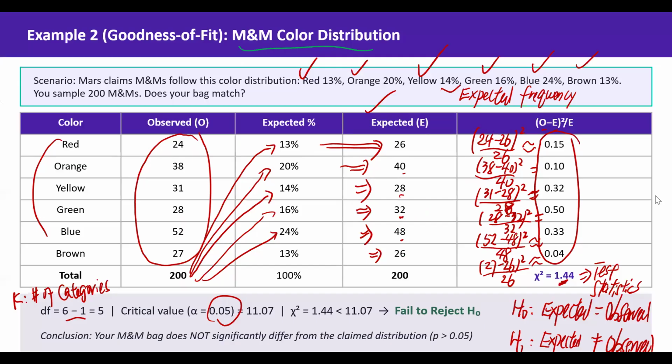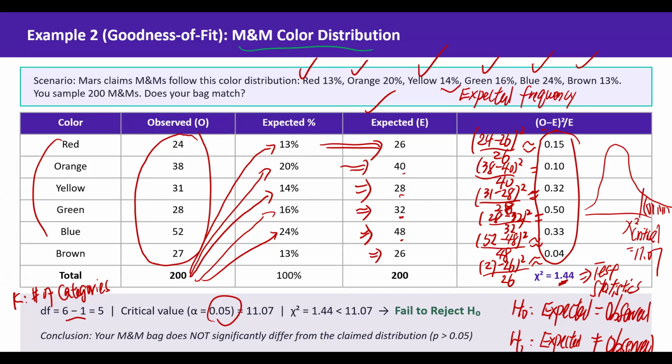So if you draw the curve, this critical chi-square value here is 11.07. Right. And the test is based on this alpha here.